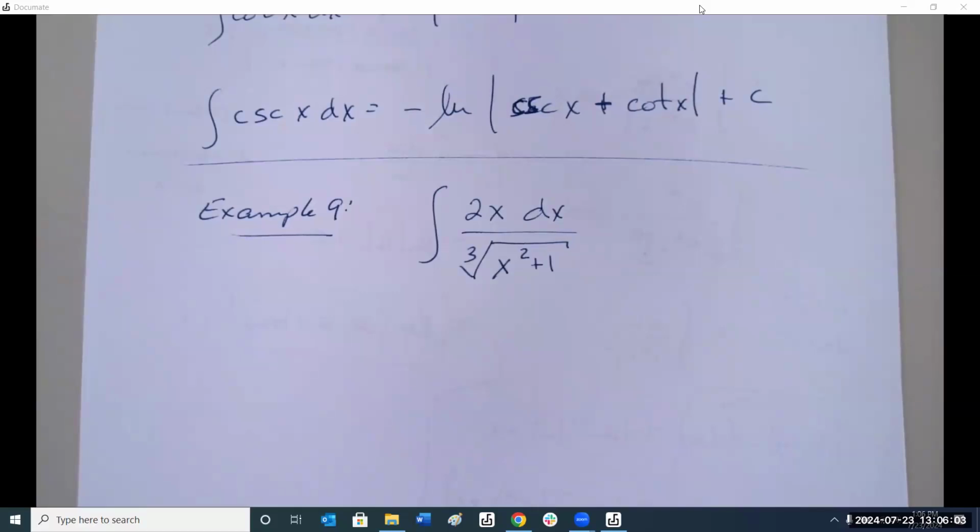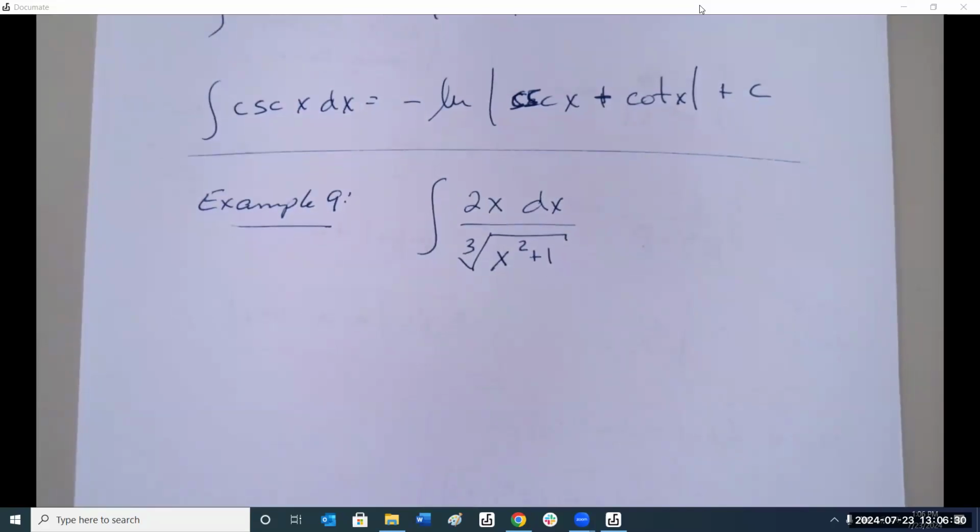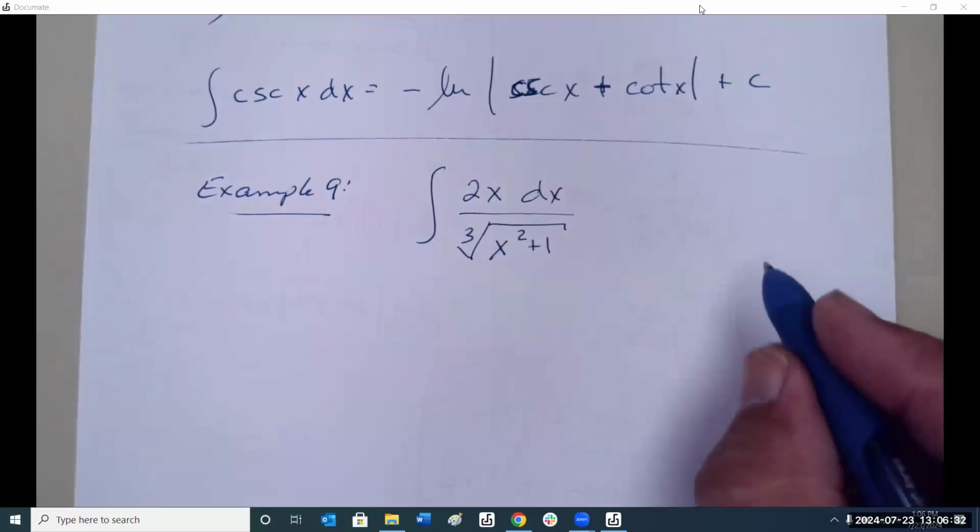Evaluate this one. So as you get started, what is your u going to be?